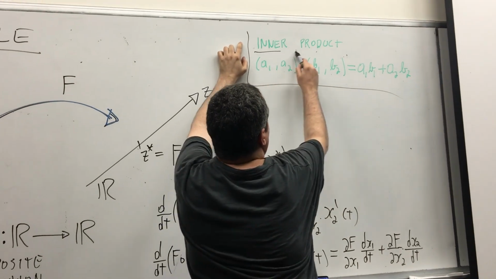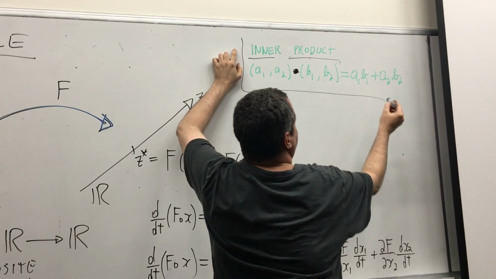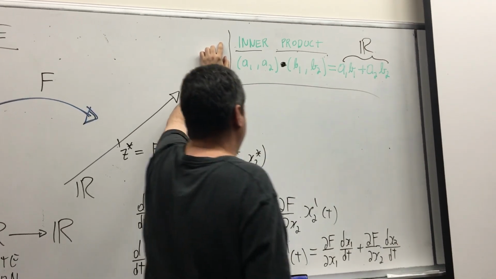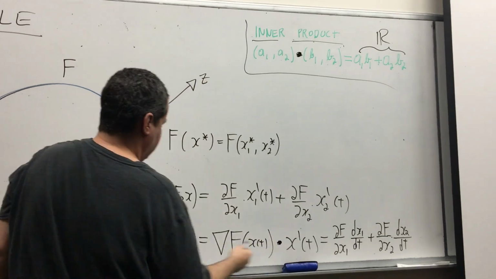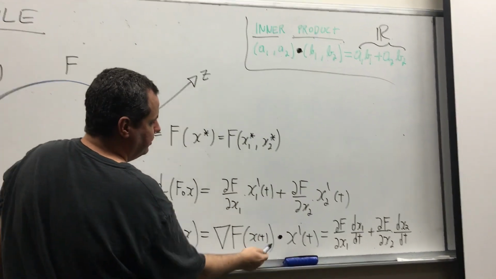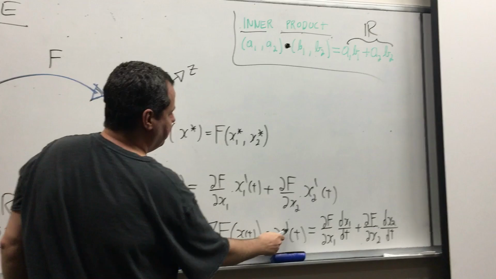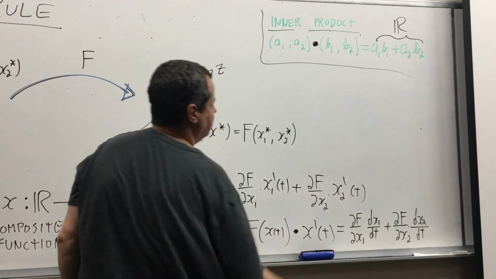That's called the linear product of two vectors. It's a real number. Okay? This chunk here, it's a real number. And the formula is this, the gradient, which takes the two partial derivatives, multiplied by x prime, which takes these two components. Okay, guys?